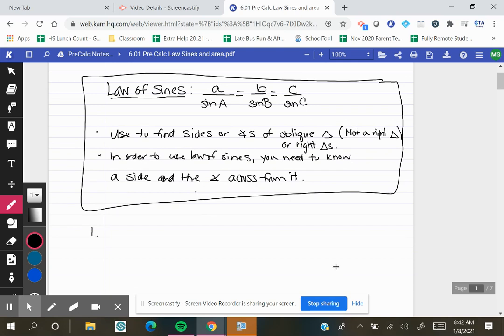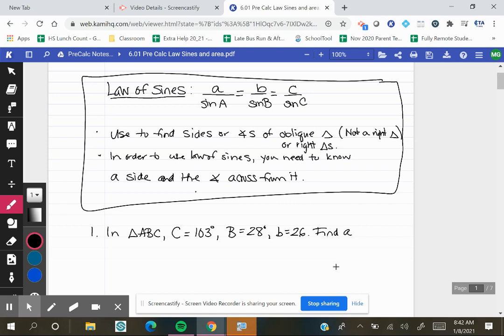Now let's do some problems. So in triangle ABC, we're given that capital C. So remember, capital letters are angles, lowercase letters represent sides. So capital C, so that's angle C is 103 degrees. B is 28 degrees. Lowercase b is 26.